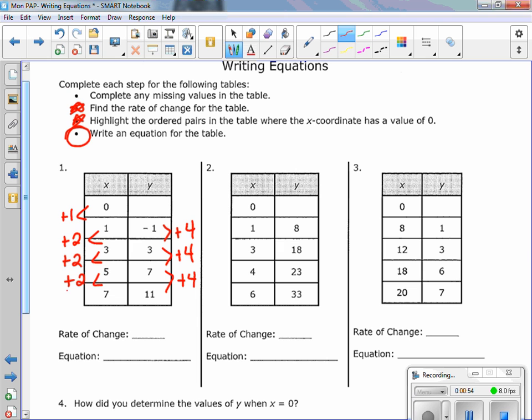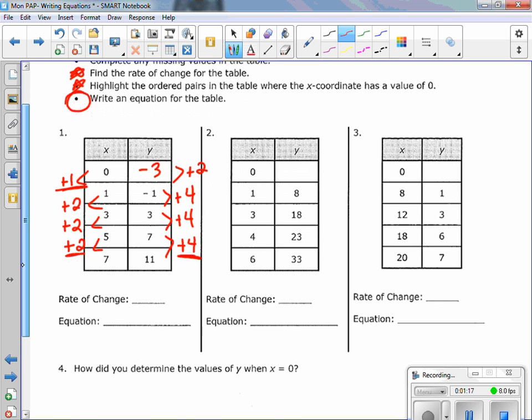So every time it increases by 2, it increases by 4. But this one's only increasing by 1, which is half of 2. So this one should be half of 4. Working backwards, if it was supposed to be an increase of 2, then it had to start out further behind. So I should subtract 2 to get my answer.